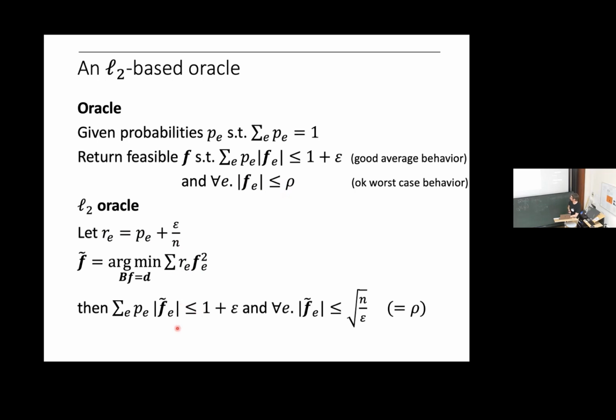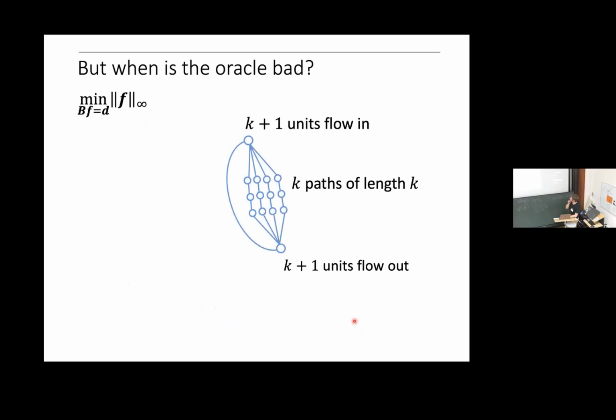And then you just calculate and you get that this has good average behavior and the maximum entry is at most square root n over epsilon. Okay, but when is the oracle bad? Now this is a picture about flow, but it turns out all of these things have analogies for general regression. So we can do the same ideas for p-norm regression.